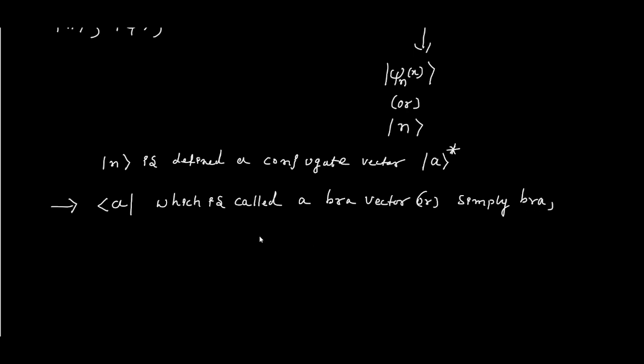The conjugate of a ket vector is a bra vector, and vice versa.